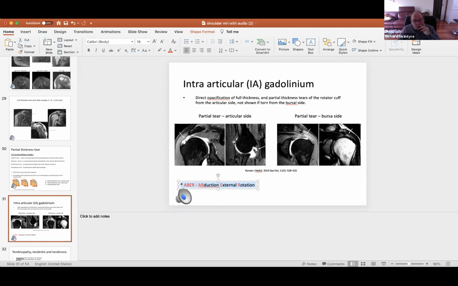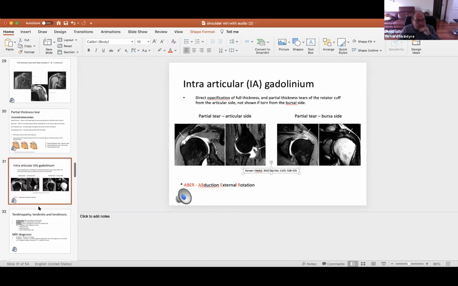You can imagine we slice through that shoulder joint, and we can see the structures really well. And there's our tear here. Whereas on the bursa side, we don't see it as well. The contrast just won't get to a tear up there. And there's the article to read if you're interested.